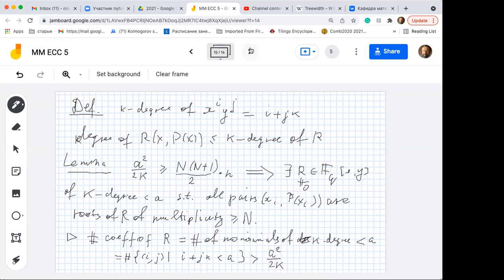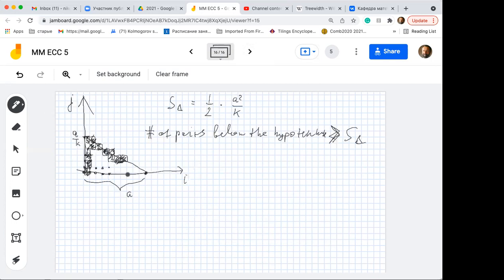Why is this? For each i, we have N times N plus 1 over 2 linear equations.